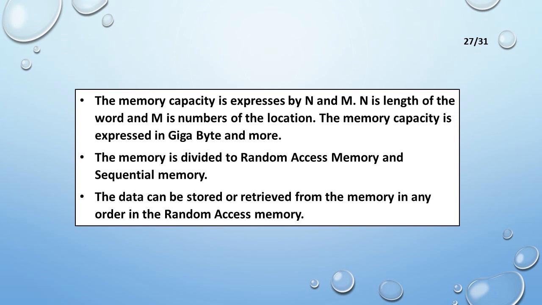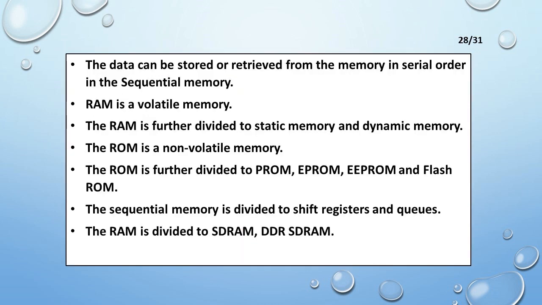The memory capacity is expressed in gigabytes and more. The memory is divided into random access memory and sequential memory. In random access memory, data can be stored or retrieved in any order. In sequential memory, data can be stored or retrieved in serial order.